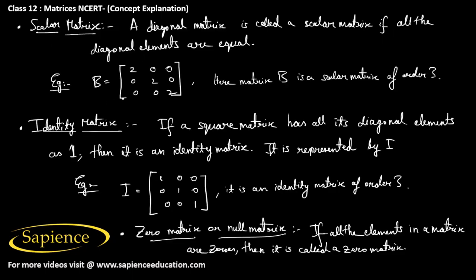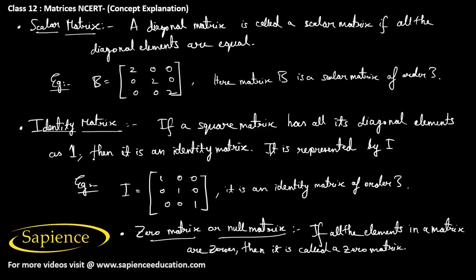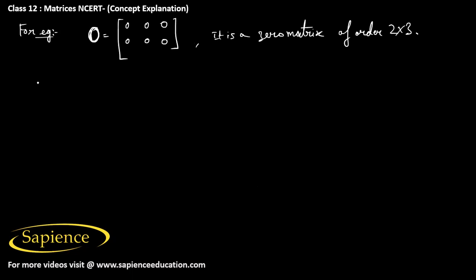So we can summarize from the diagonal matrix to the zero matrix as follows.